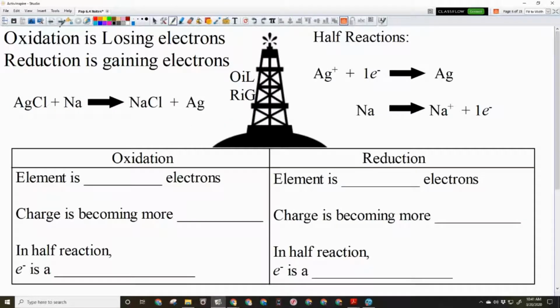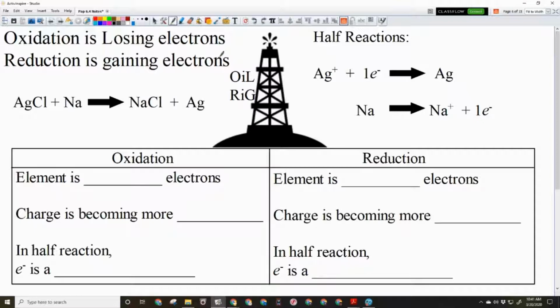All right, so here is a page that's really important. So go ahead and pause the video and write this down. This is summing up everything that we've talked about to this point. All right, so redox, oxidation is losing electrons. Here is the silver and the sodium, the half reactions that we just wrote. If you have an element that is losing electrons, that is called oxidation.